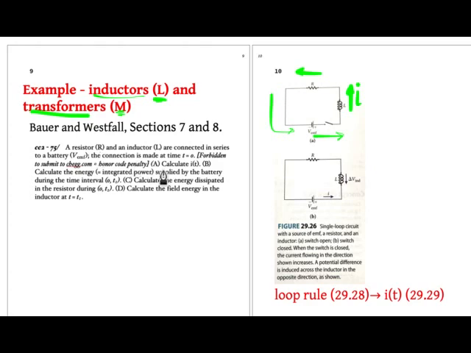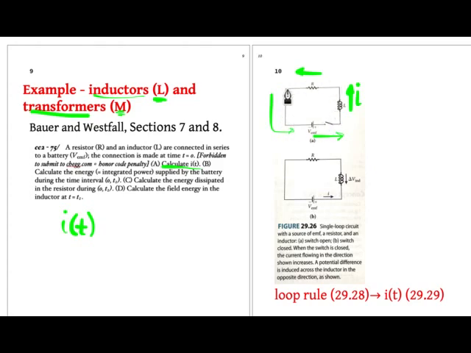And, well, the first question, part A, is to calculate the current as a function of time. Now, I won't work out the problem here in the screencast, but it's in sections 7 and 8 in the textbook.